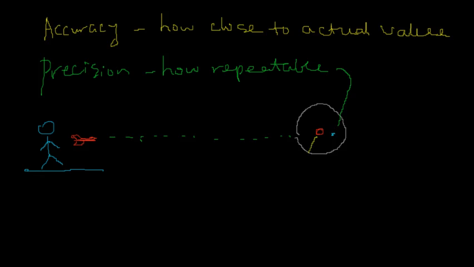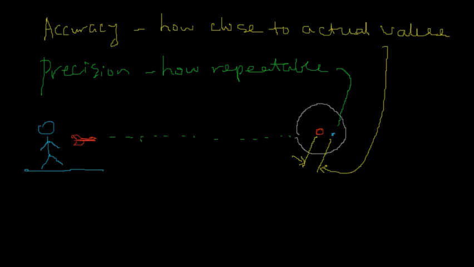So this distance here is the accuracy, and it corresponds to the systematic error. I should write this out.